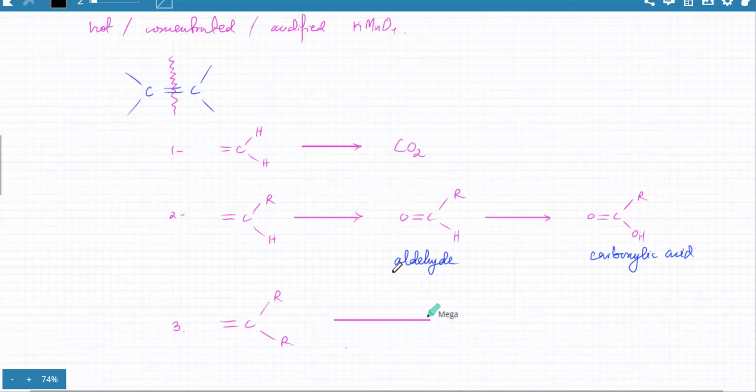This thing will get converted into a ketone. So this thing over here gets converted into R C double bond O and another R. It changes into a ketone.